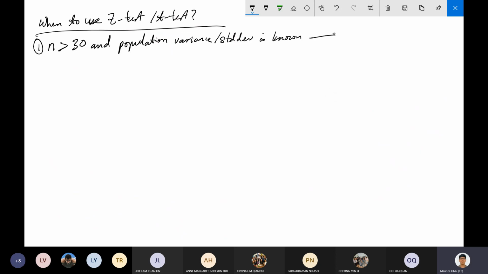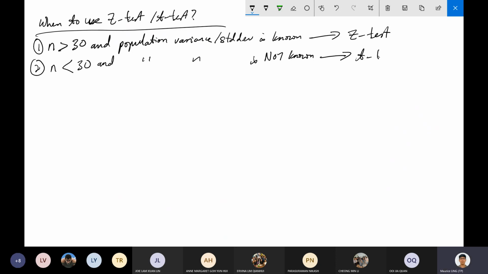Then no argument, you use z-test. Correct? If the sample size is small, less than 30, and the population variance is not known, this also has no argument. You use your t-test.